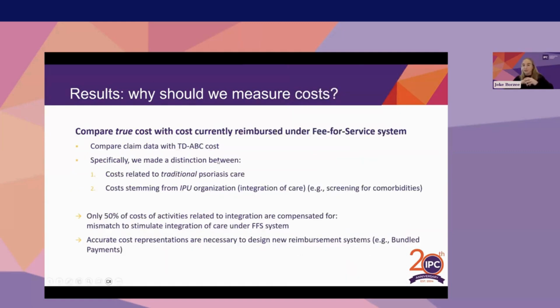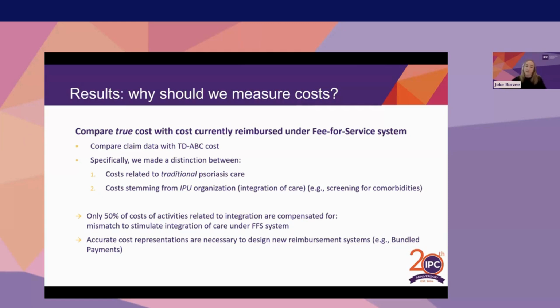And finally, what we did with these costs is that we compared them with the compensated cost under a fee-for-service system. So we used the time-driven activity-based cost, which we call the true cost, and we compared it to the claim data.